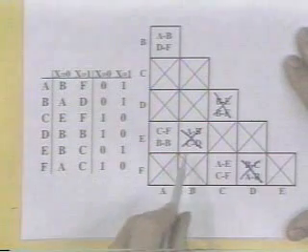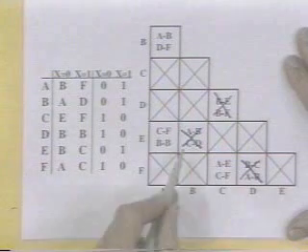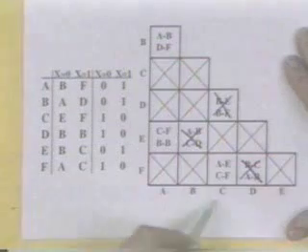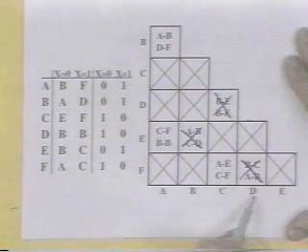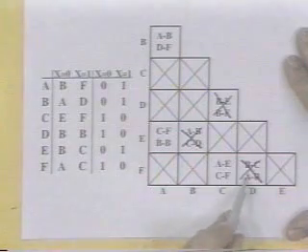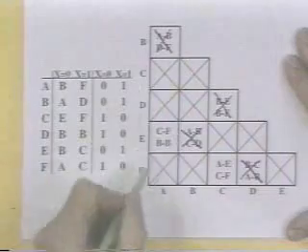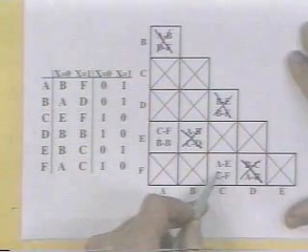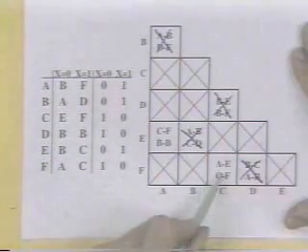And since we crossed out that square, which is BE, there's no BEs, but we have crossed out DF here, and there's a DF here, so we cross that out. And we just crossed out AB, and that doesn't appear anywhere, so we're done. So we eliminated all states which are not equivalent.